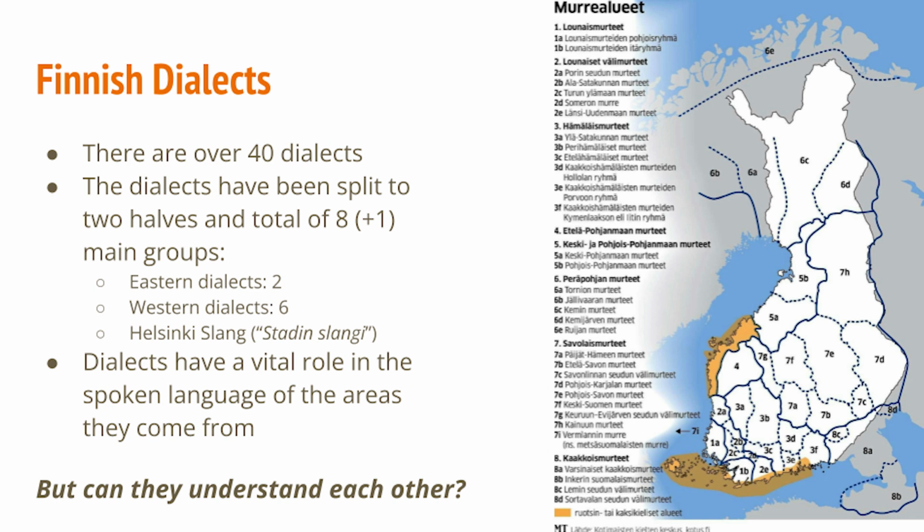People have a very wide range of opinions about it, which is why I wanted to mention it separately, because it's this way of speaking in Helsinki that is constantly changing.